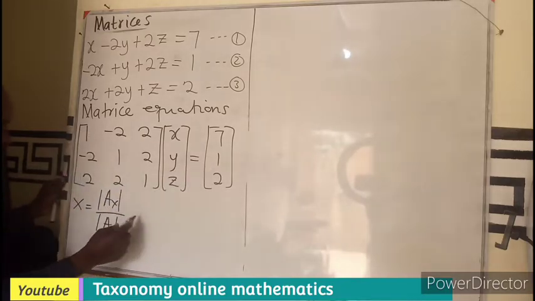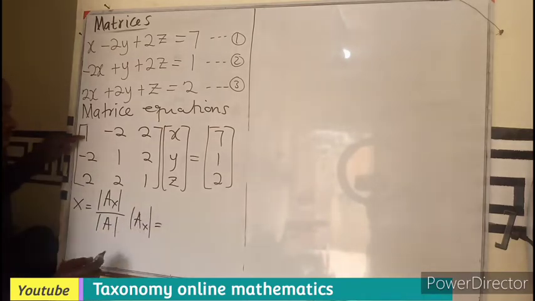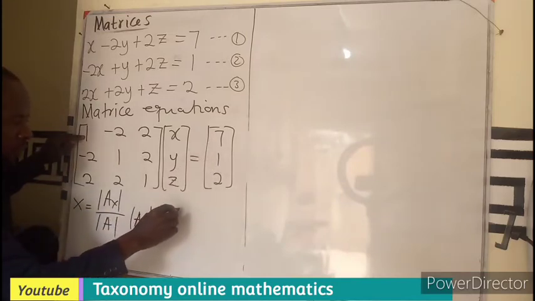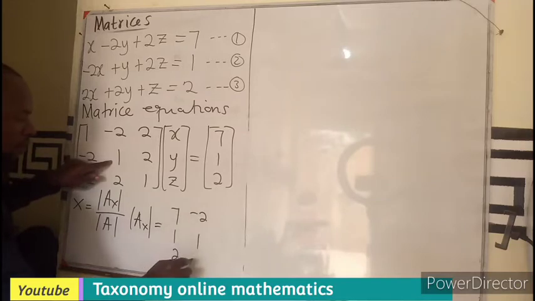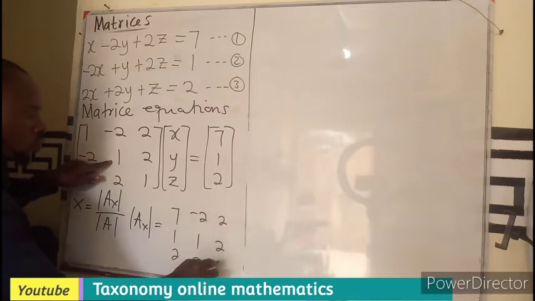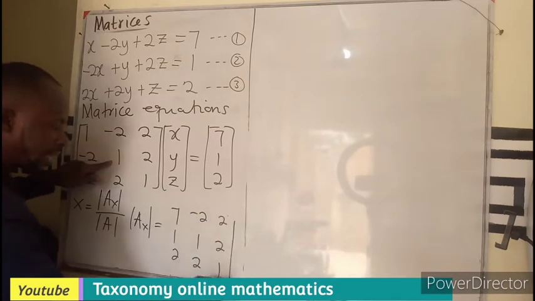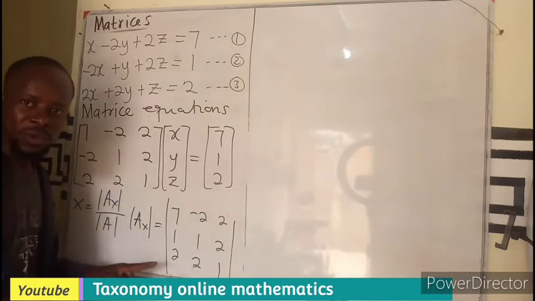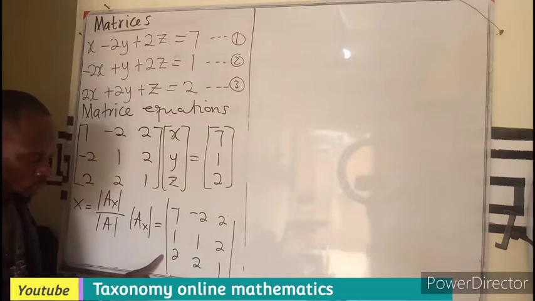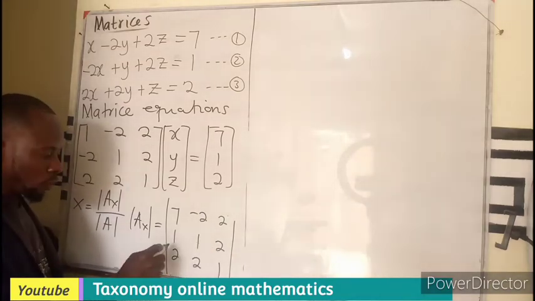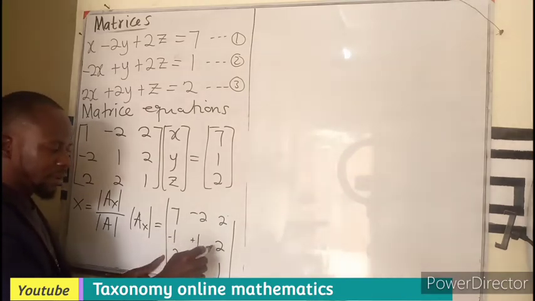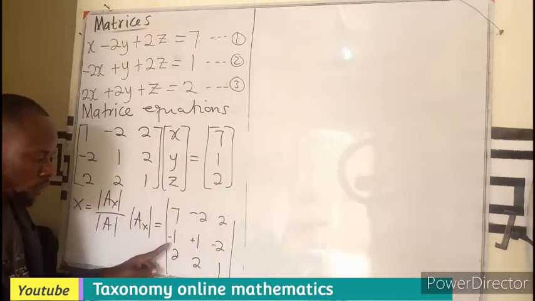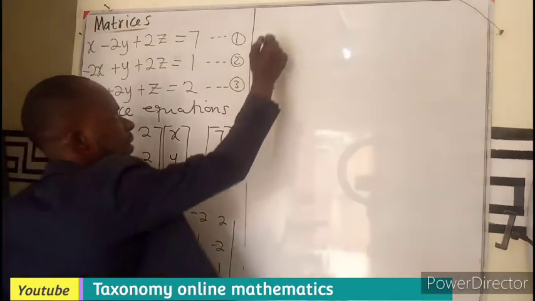So for my determinant of X, I first of all need to replace the first column: 7, 1, 2, then the other columns, minus 2, 1, 2, 2, 2, 1. I need to find the determinant of this. I would like to go on the second row, so the signs are minus, plus, minus. That's what I'm going to use. So I'll start with this.